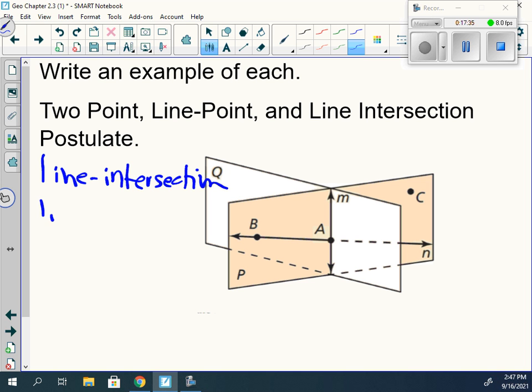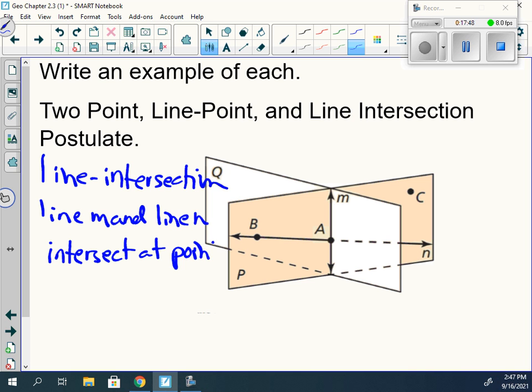So line M and line N intersect at point what? A. Line intersection postulate would say that line M and line N intersect at point A. And that is it. Questions on this here?